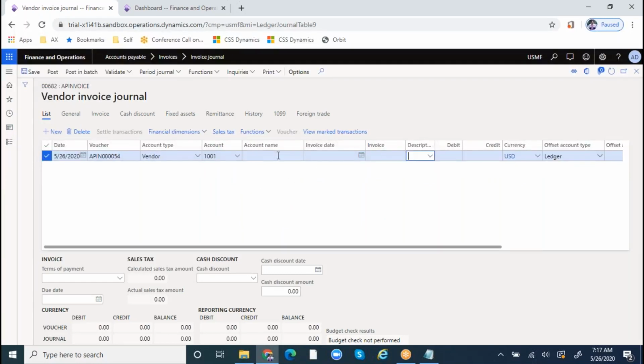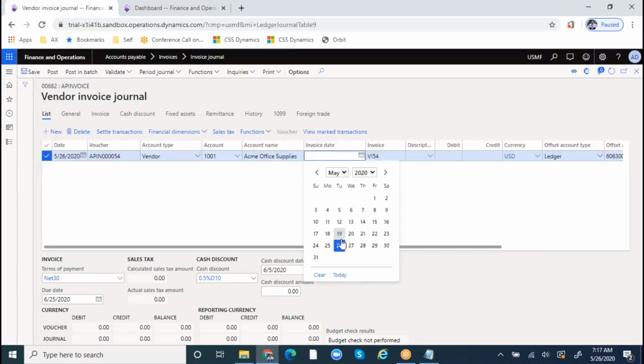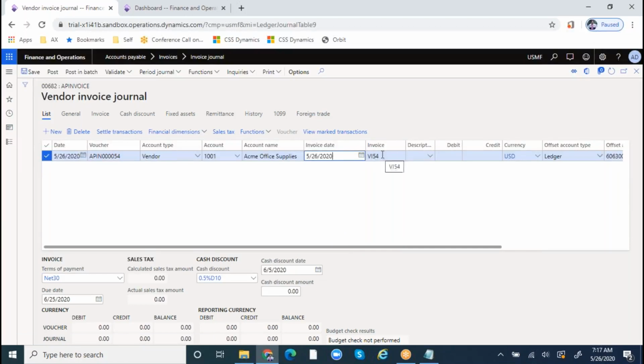Once the vendor is entered, a vendor invoice means you have received an invoice from your vendor, so that invoice number should be entered. The invoice date is not mandatory, but as per best practice we need to map it. At the time of vendor invoice, the vendor will be credited. Suppose I'm entering the vendor account credit.